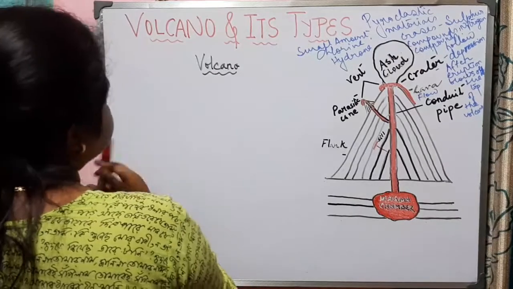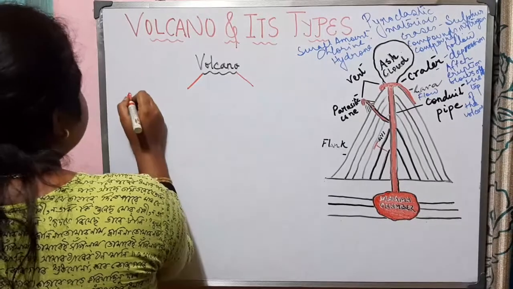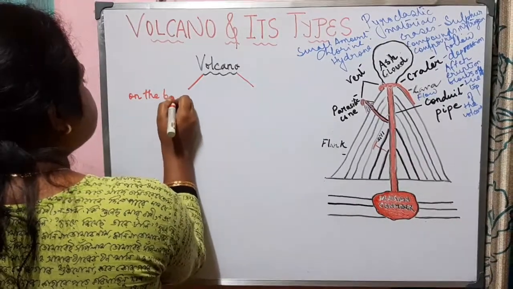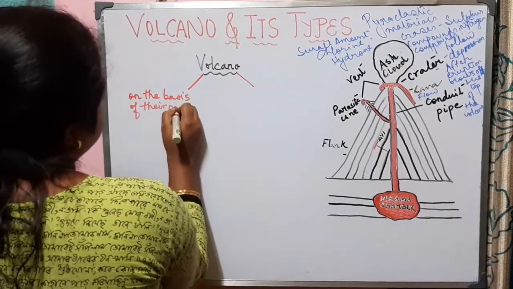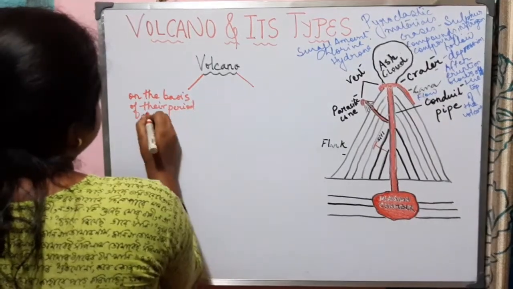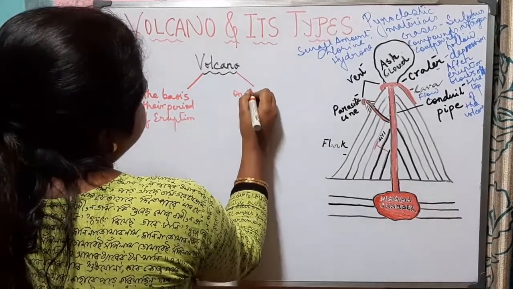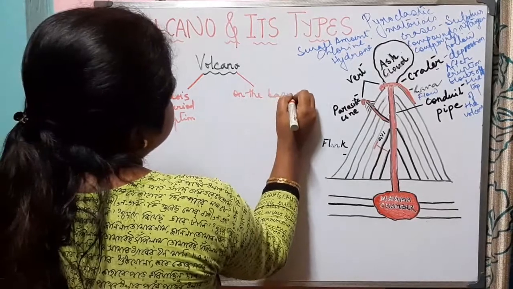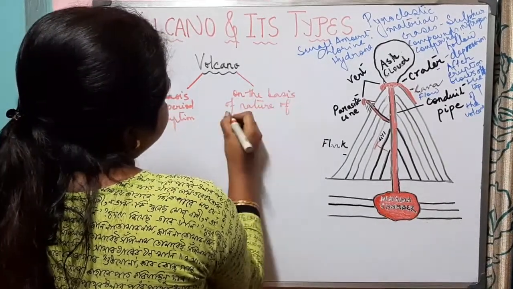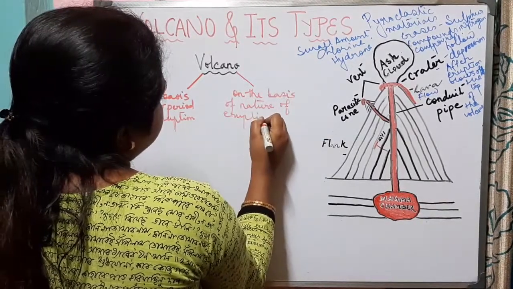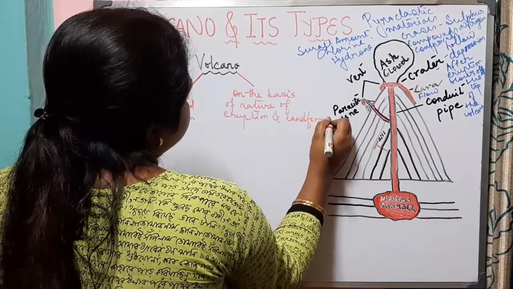Now volcanoes are divided into two types. Number one, on the basis of their period of eruption, and number two, on the basis of nature of eruption and landforms formed.